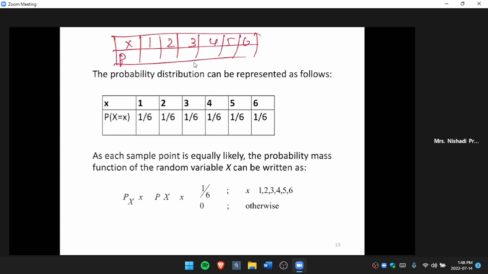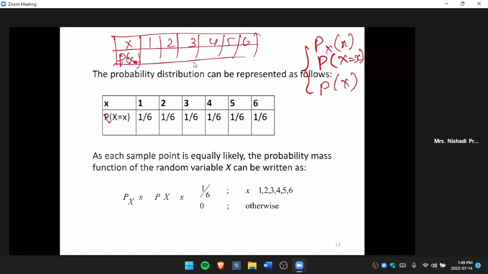I told you the probability mass function can be written as either capital P subscript X of small x, or capital P of capital X equals small x, or P of capital X. These three ways can be used. But here, instead of finding a mathematical function, we use a table to represent the probability distribution of the random variable x like this.